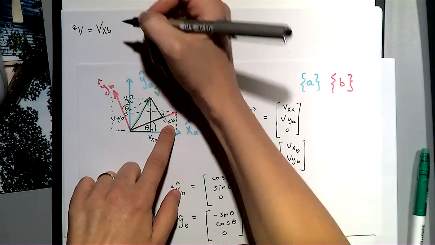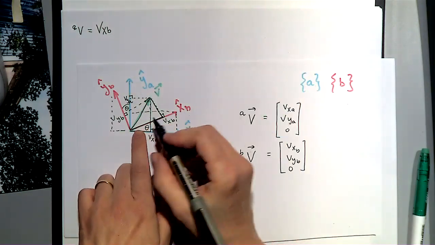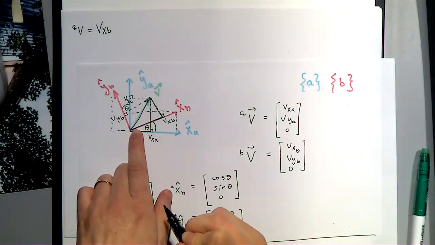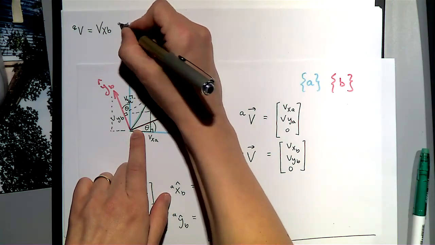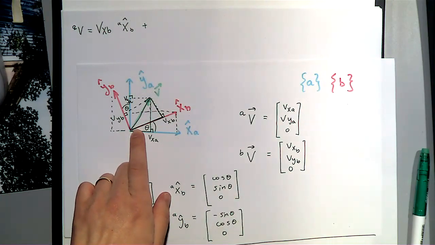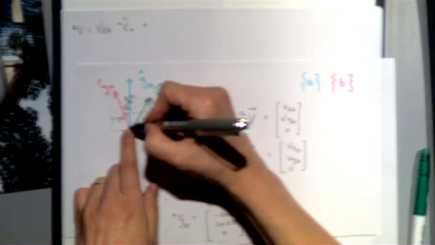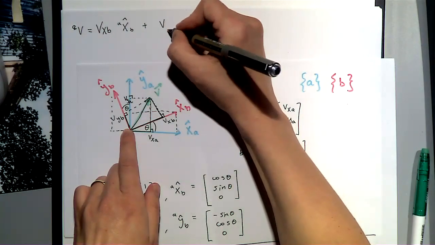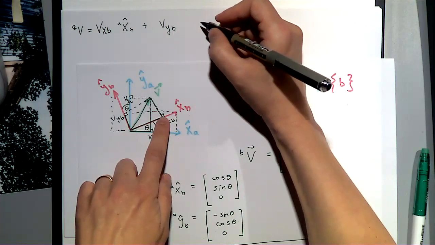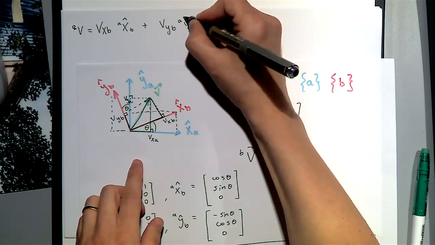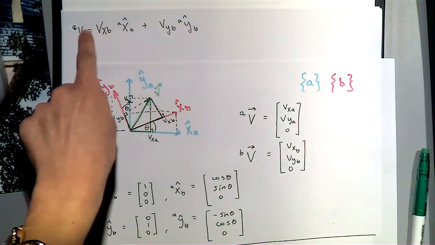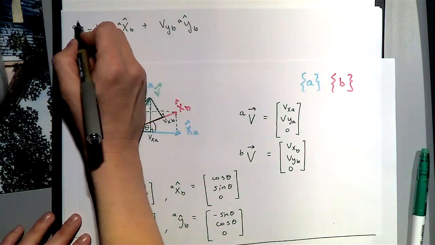Vxb times the direction of xb, so xb in frame A, plus that amount Vyb in this direction, Yb expressed in frame A. So all the vectors here are expressed in frame A, okay?